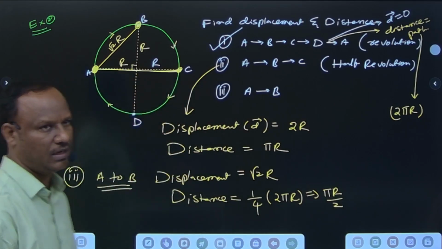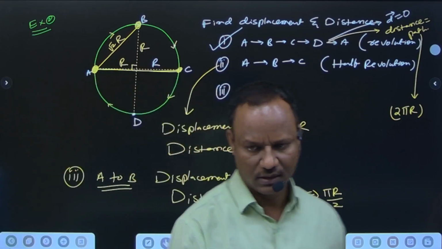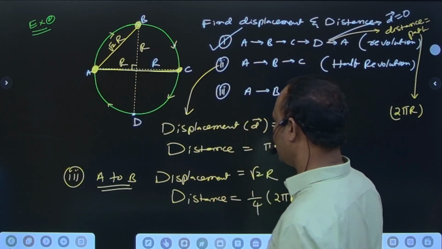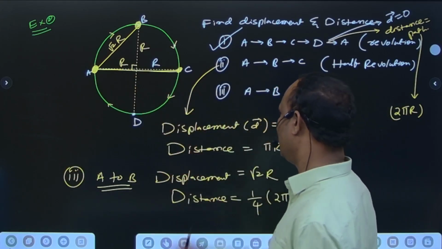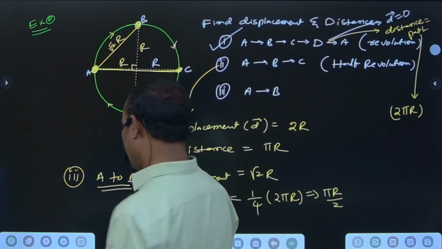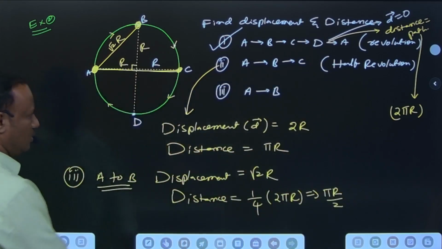It's πr by 2. So this is when the particle is moving along a circular path, where we can find all the cases. For problem solving, we need to follow a trick.